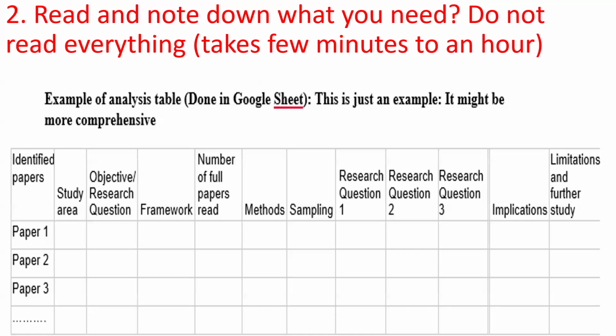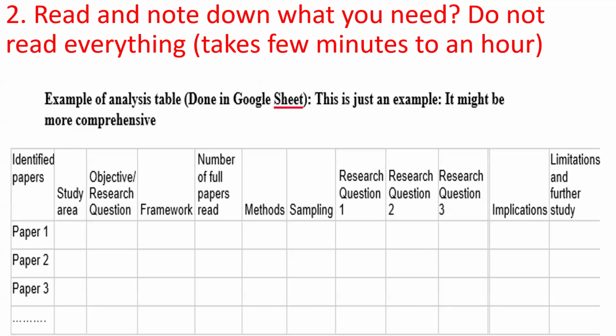This also doesn't take much time. Only take out whatever you need. Don't go in depth. If you need only the limitation, just take out the limitation. Just grab the limitation, just grab the study area, just grab the implication. According to your need and your focus on your purpose, take out whatever you need. In this second step, it shouldn't take more time.